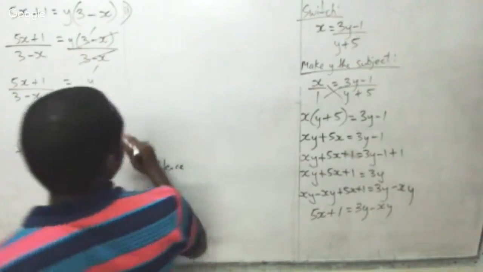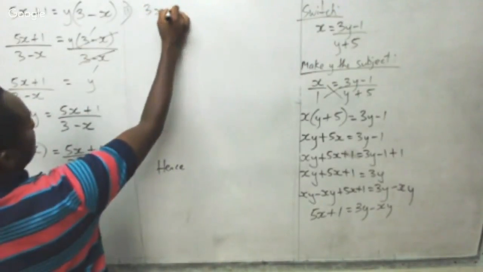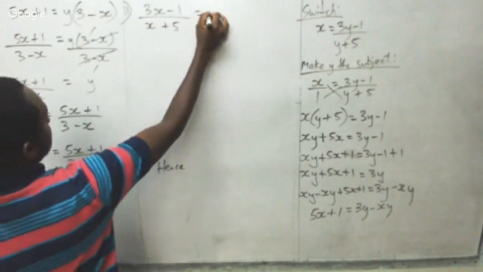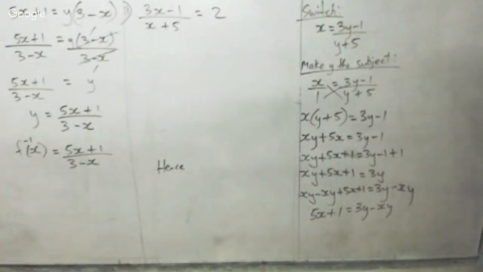All right, so we are solving 3x minus 1 over x plus 5 equals 2. So that's what we're solving.